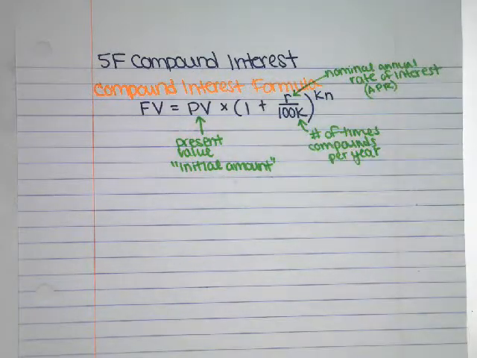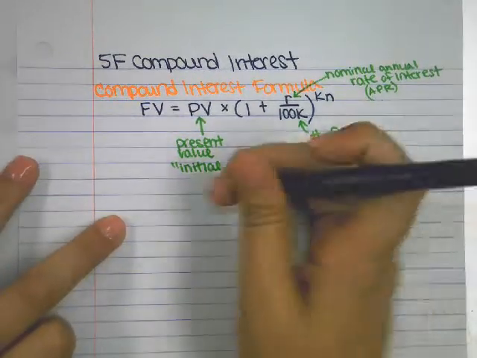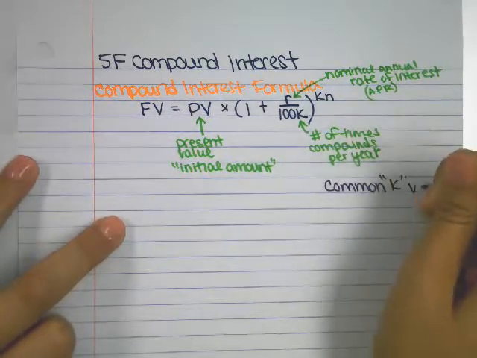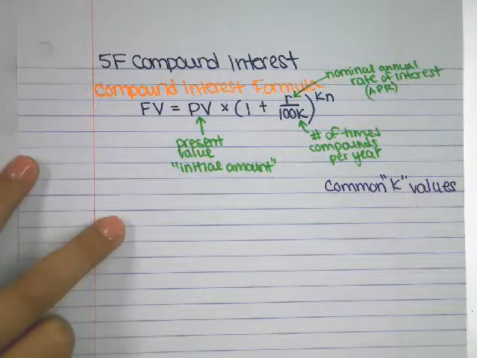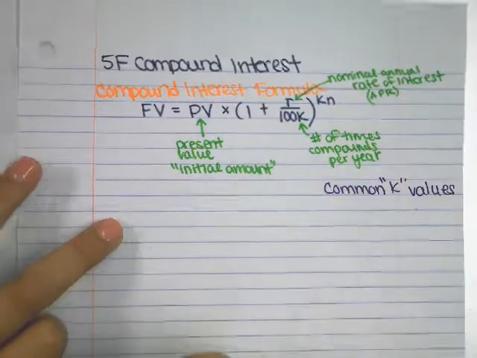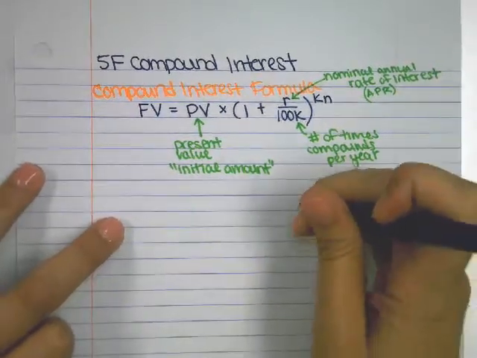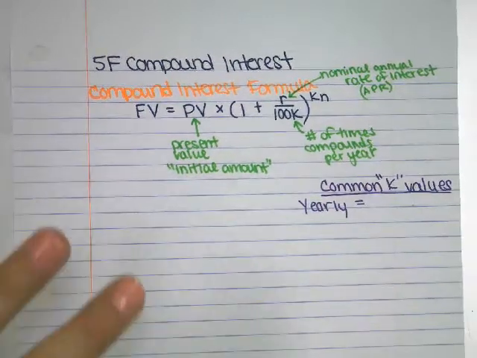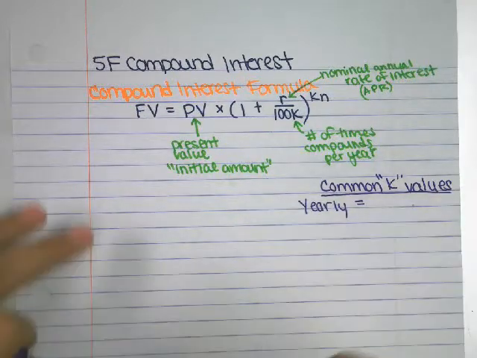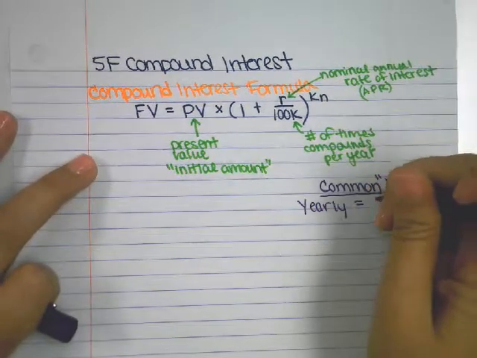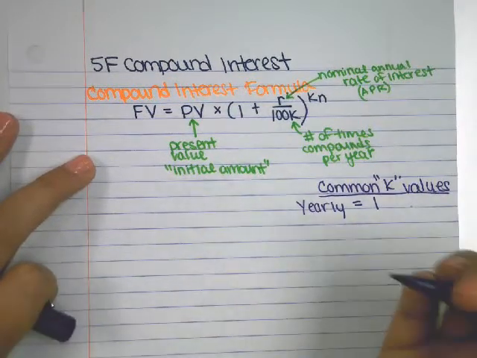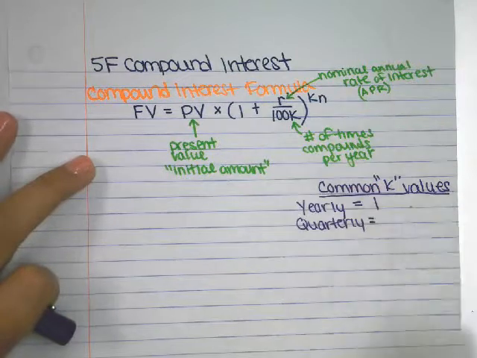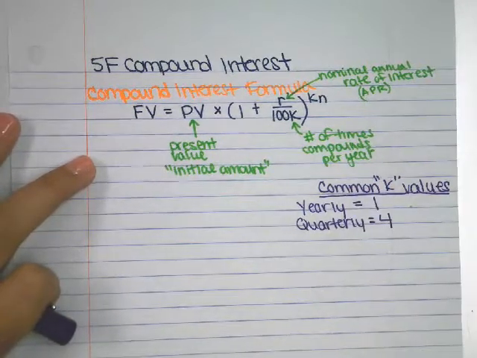We're going to make a list while we're talking about K of common K values. So they might say yearly. If they compound something yearly, then the number of times it compounds per year is 1. If they compound something quarterly, there are 4 quarters in a year, okay?